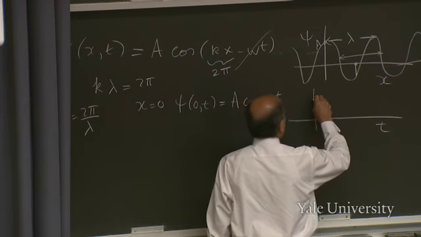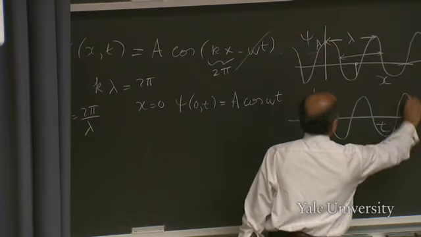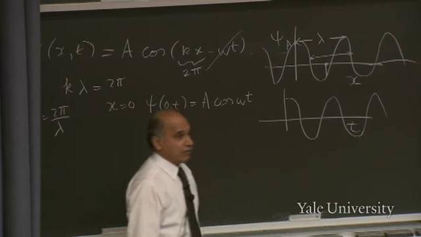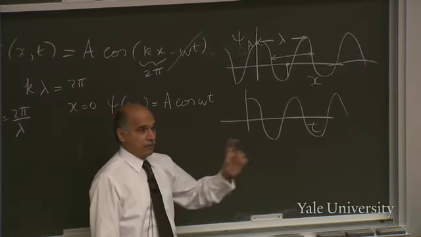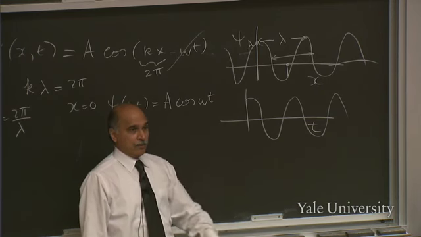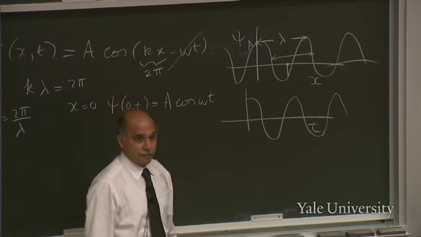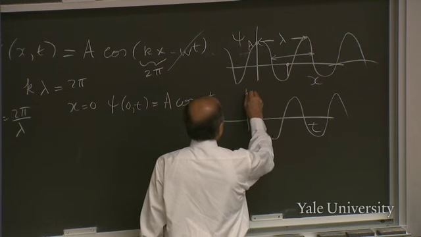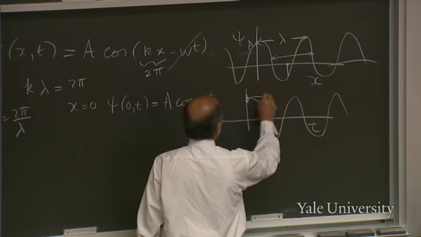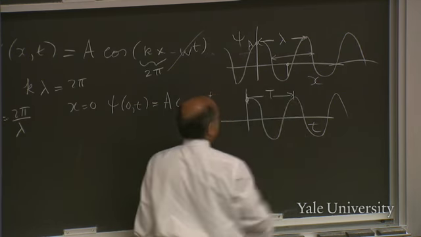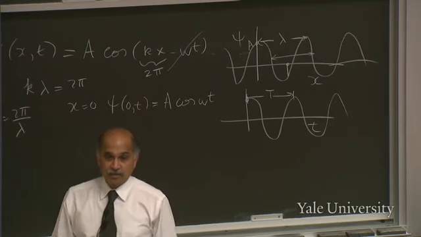Well, you start with the maximum, and you bob up and down. This is a picture at one point where the water or the string goes up and down. So we like to call this, from one maximum to the next maximum, the time period. That's the time over which the wave repeats itself.